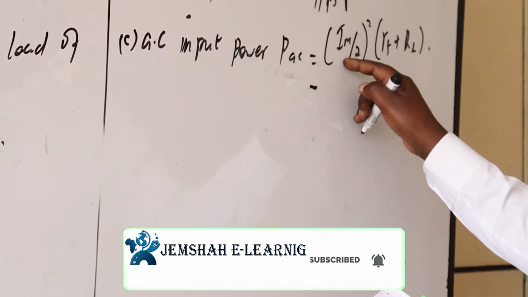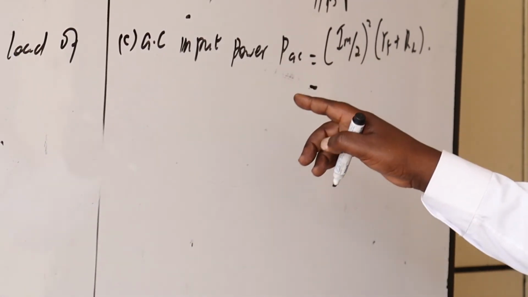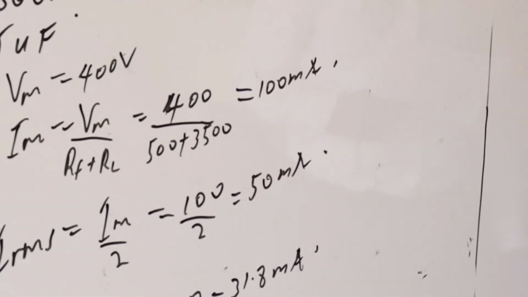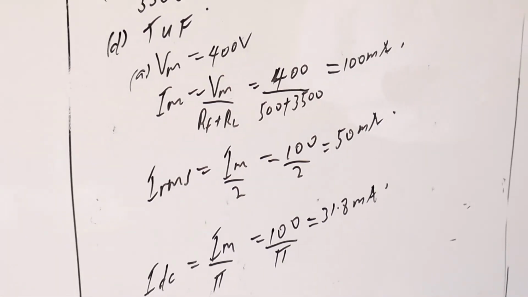So our RMS, which is IM over 2, is 50 milliamperes.